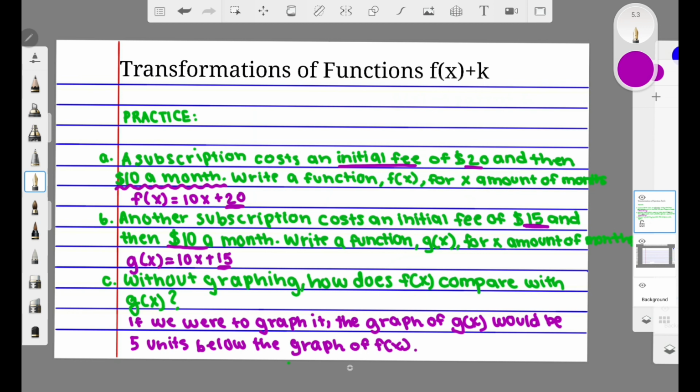Even though it doesn't seem like one, if we consider this as the parent function and this as the translated function, this is a vertical translation, and it's just going below. Even though it's technically two separate subscriptions, we could also consider the initial fee of one subscription going down as a vertical transformation as well.